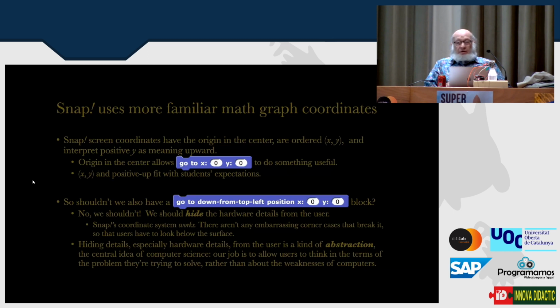Meaning there aren't any embarrassing cases where the sprite goes exactly into a corner and the picture blows up or something. Everything works just as it should. So the user doesn't need to know that there's any coordinate system other than the one we give them.